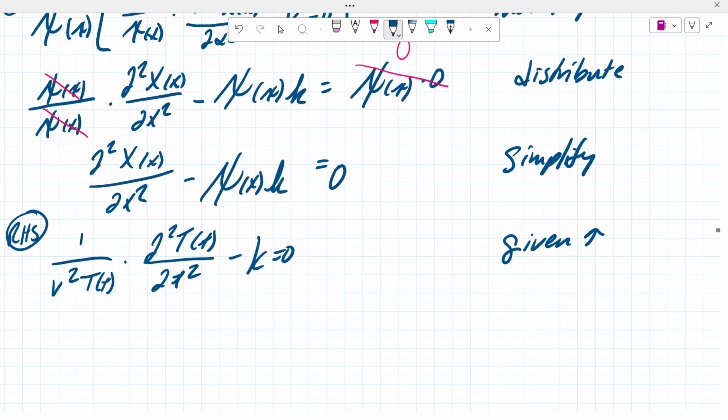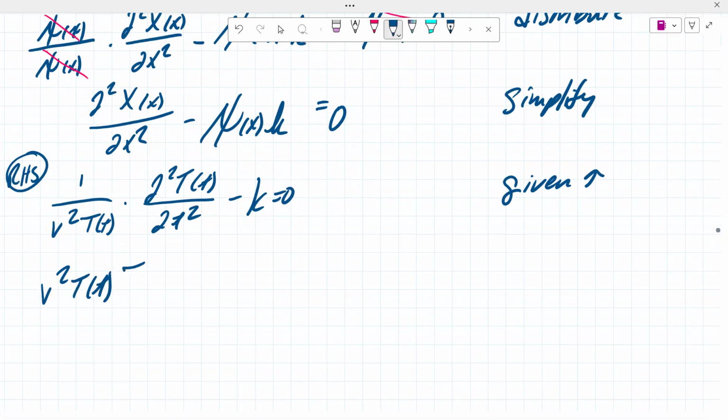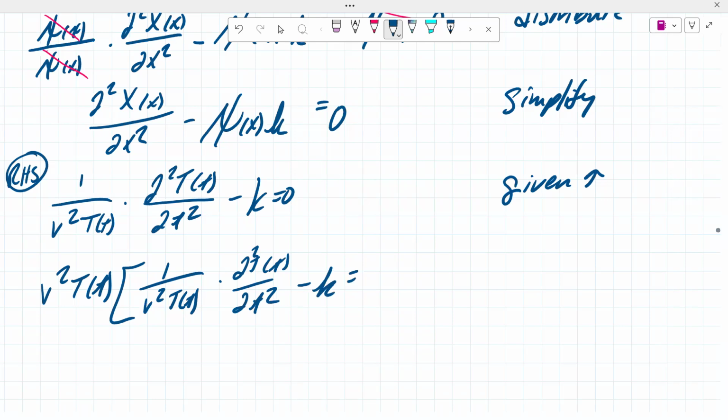And then we're gonna multiply out by the denominator. So we follow the same procedure. We're gonna do v squared t of t times the whole thing, 1 over v squared t of t times d squared t of t over dt squared minus k equals 0.